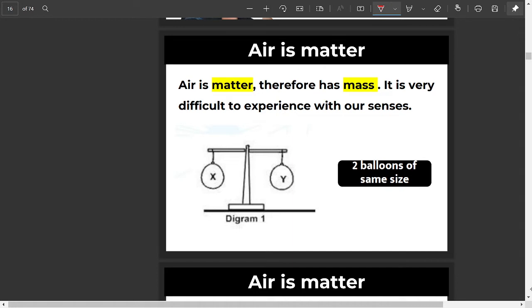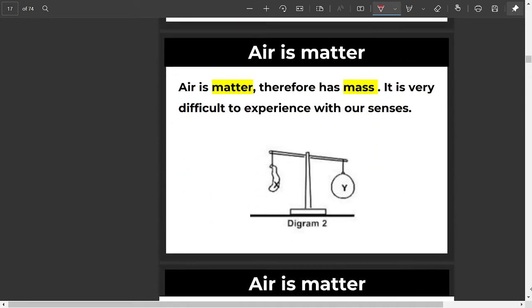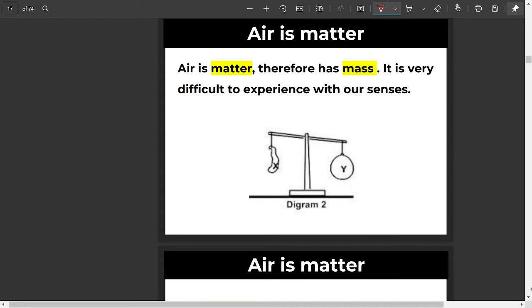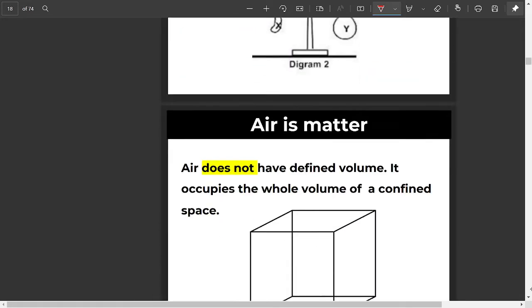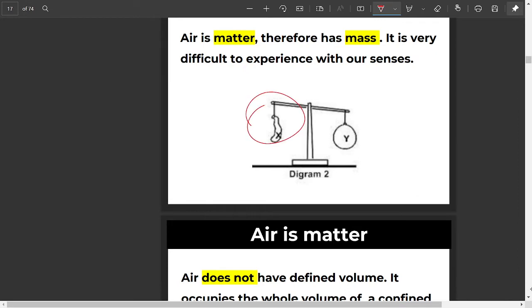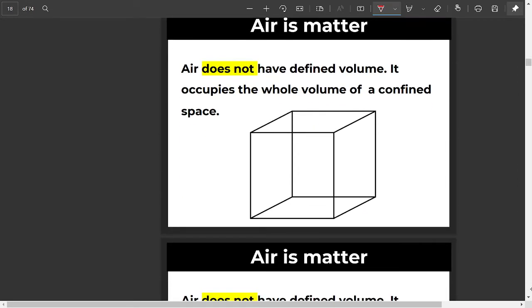Like we have two balloons of the same size; if we add gases in them, they'll weigh the same together. If we take out the gas from one, it will go up and the bigger one will go down. So air is a matter.